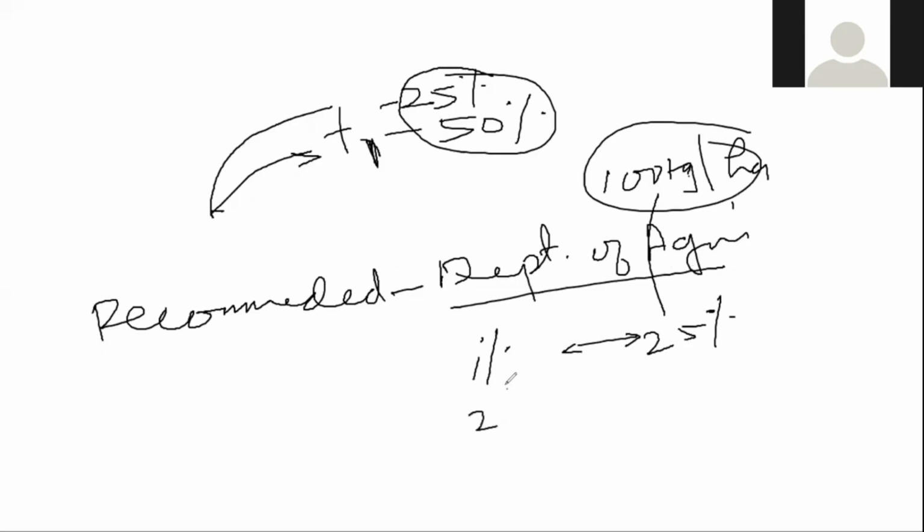Then the second step is 2% reduction. That is how we have to do it gradually. Here we are reducing 25%, the next one is 50% reduction. So this is not a good criterion in terms of reduction.